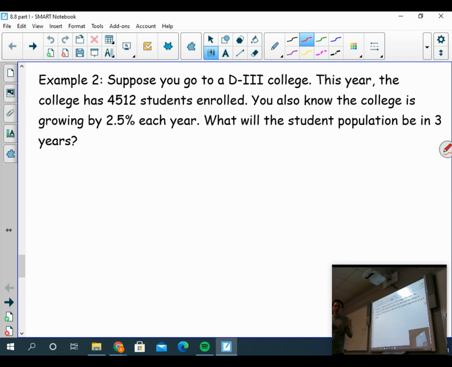So again, when we analyze these word problems, we first need to identify what's going on. And what we see is that we're growing by 2.5% each year. Whenever you are increasing by a rate that involves multiplication, what do I mean by that?